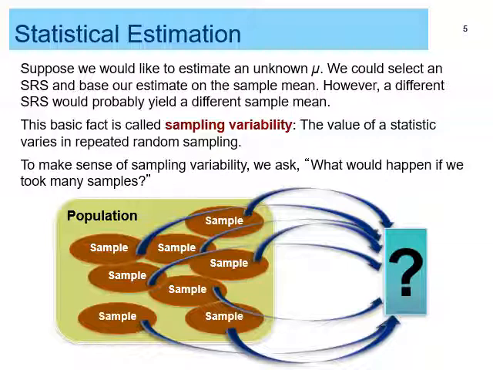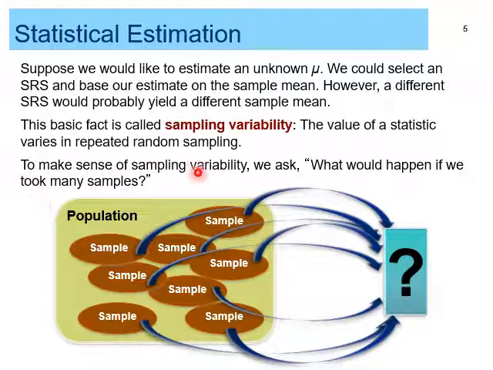If we take different samples from the population, then a different SRS would probably yield a different sample mean. Each sample has a good chance of having a different mean, and this fact is known as sampling variability. The value of a statistic varies in repeated random sampling.